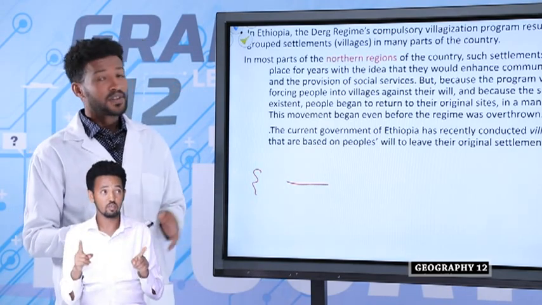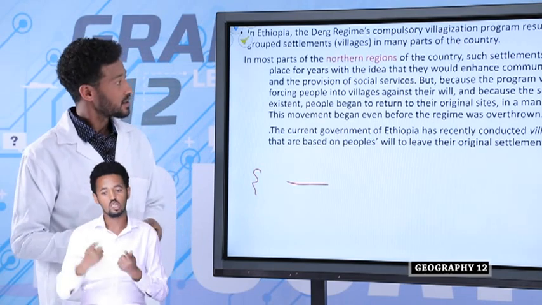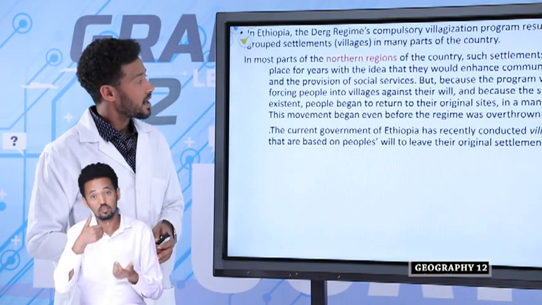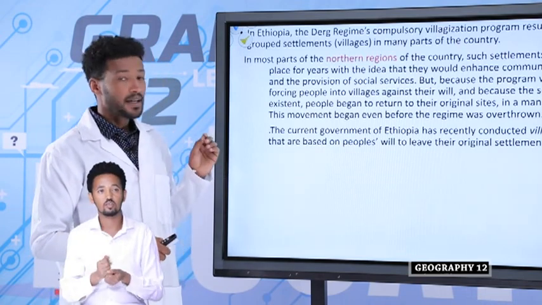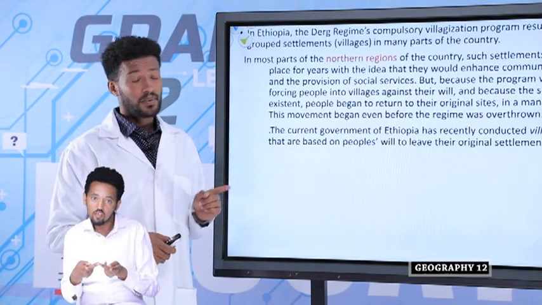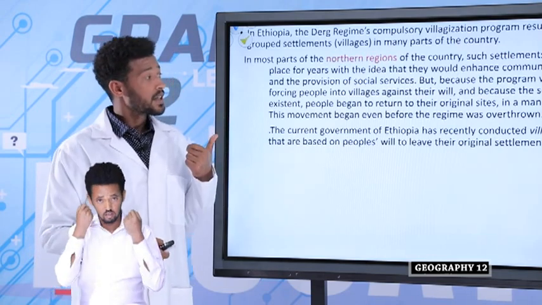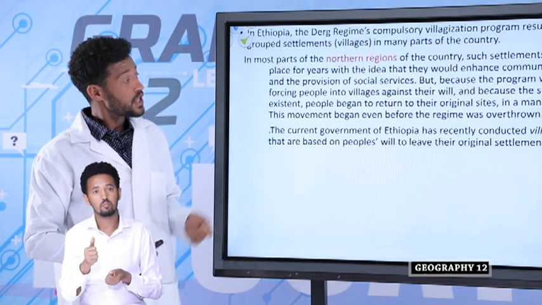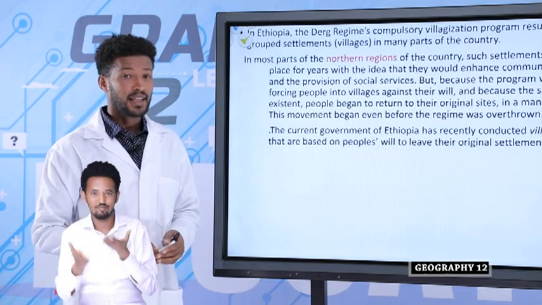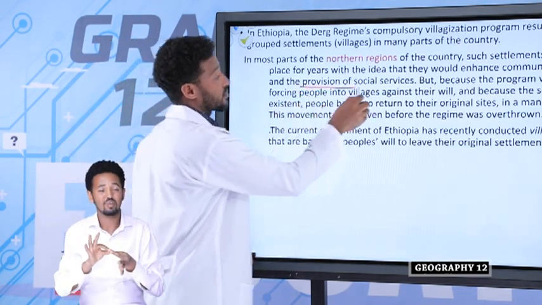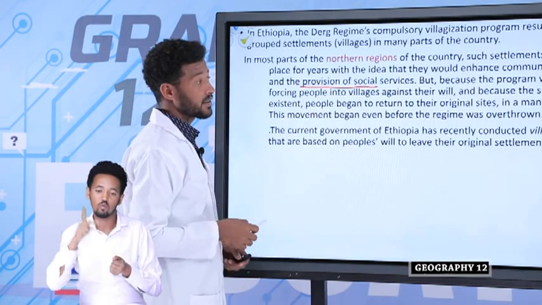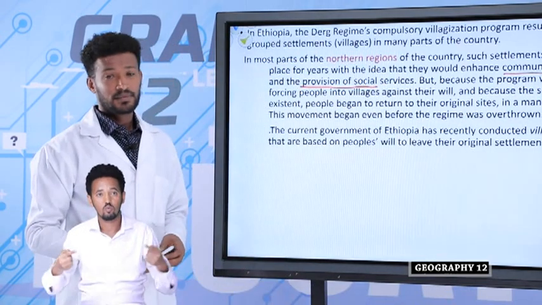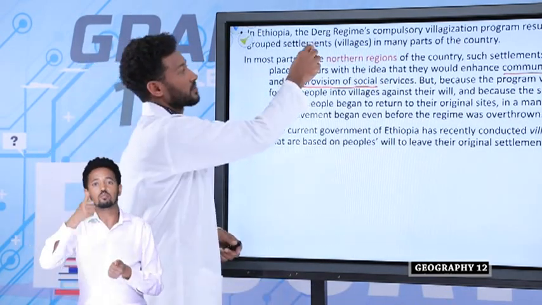But in most parts of the northern region, such settlements remained in place for years with the idea that they would enhance communal ownership of land and the provision of social services. That means there was a problem of provision of social services and communal ownership of land. These were the main problems of the Derg regime.